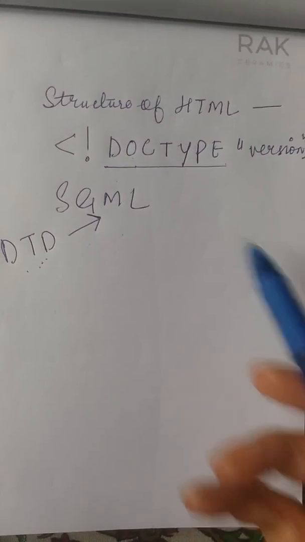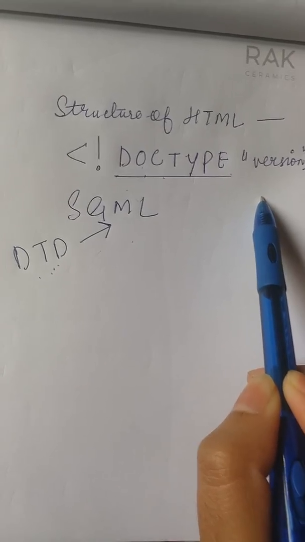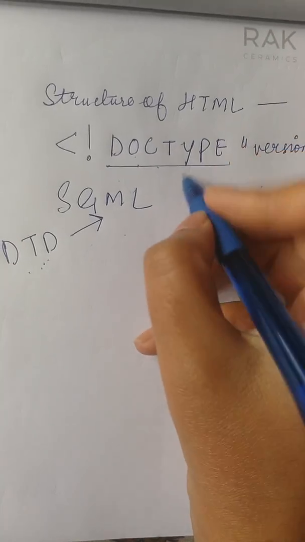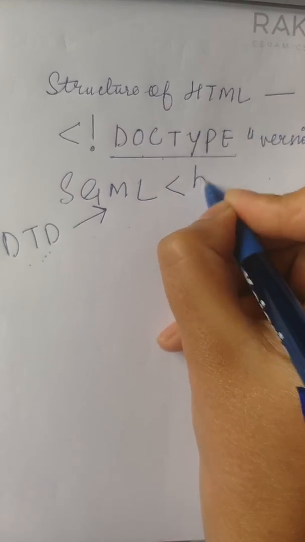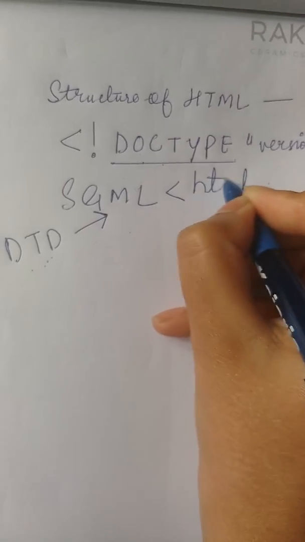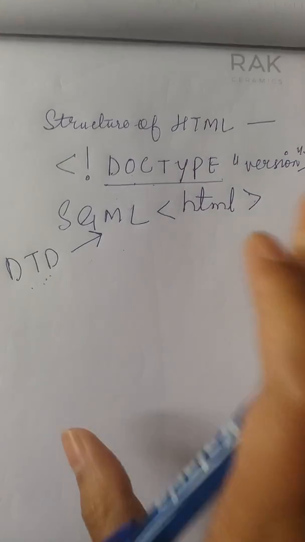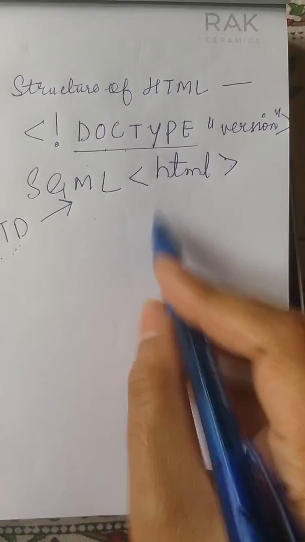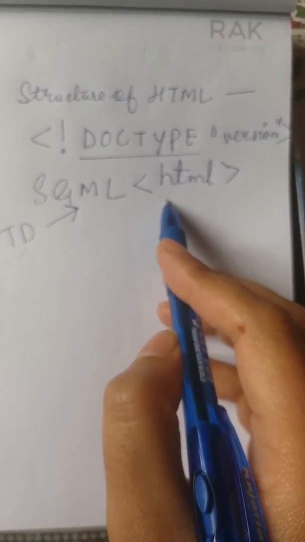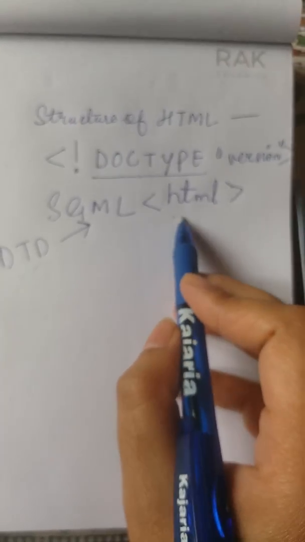After the Doctype declaration, we have to write the HTML tag that would mark the start of our HTML document or HTML script.